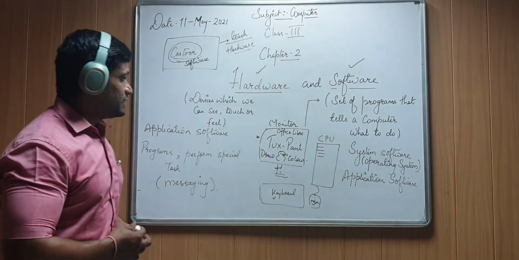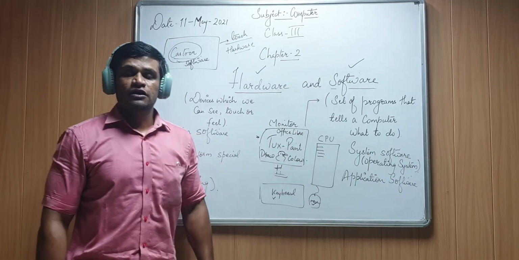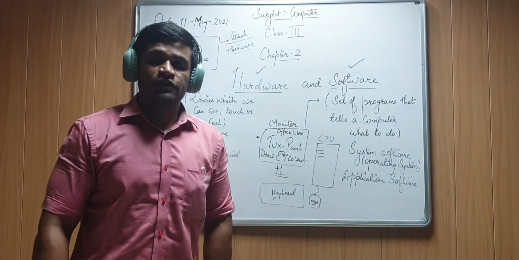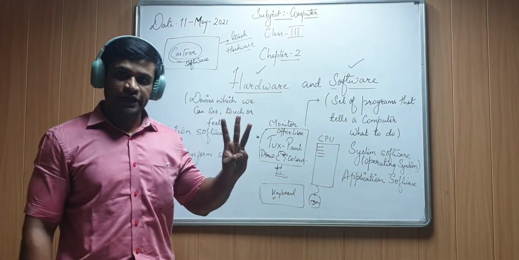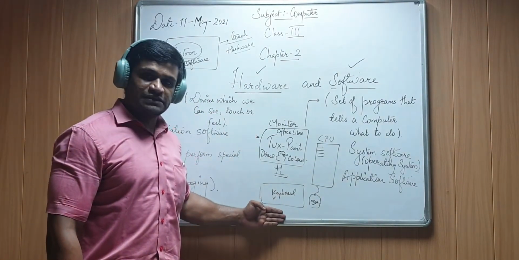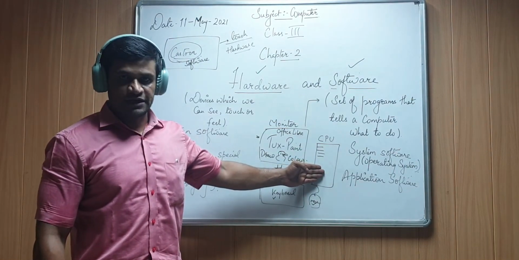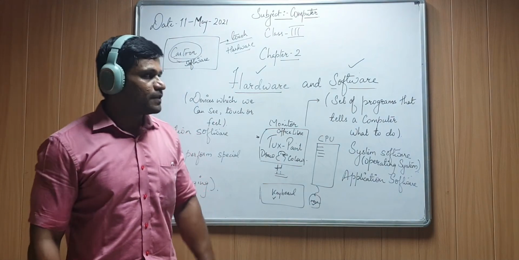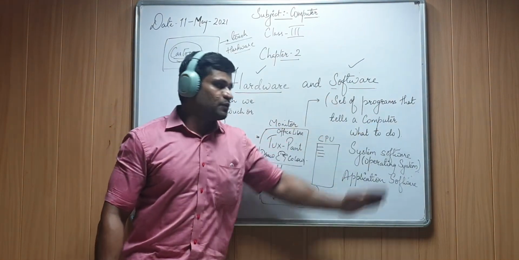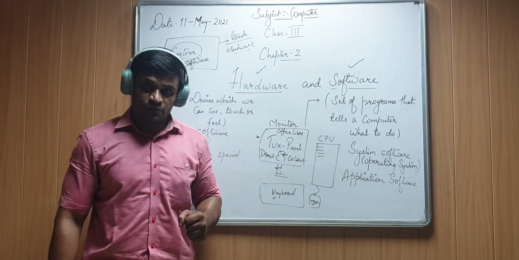So, in this chapter, we learned about hardware and software. These two are required for the working of the computer. Hardware is divided into three: input devices, which give input, processing devices which process the data, and output devices which show the output. Software is the set of programs which tells the computer what to do and how to do.